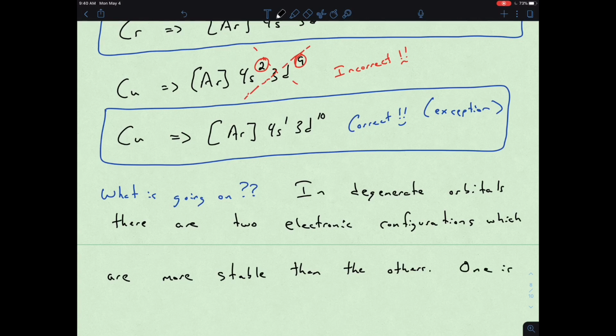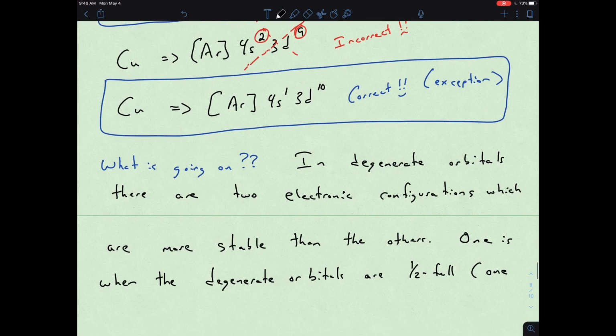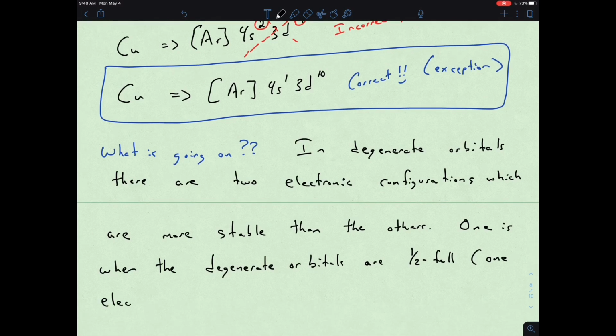One is when the degenerate orbitals are half full, so we have basically one electron in each degenerate orbital.